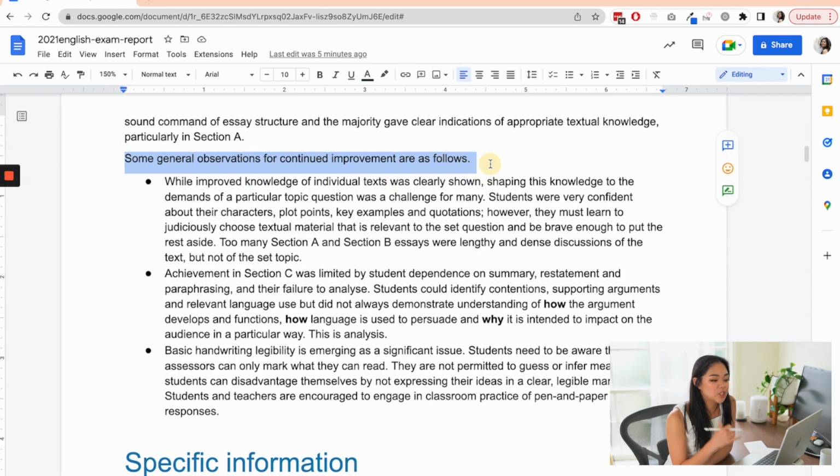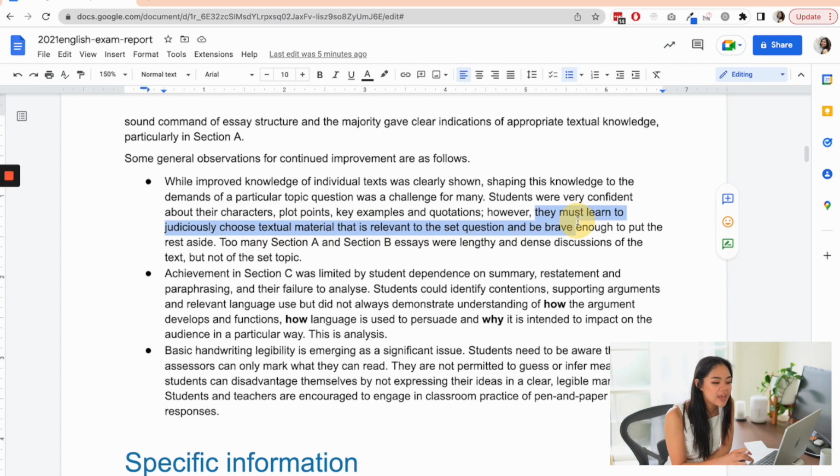Some general observations for continued improvement are as follows. It says here that students are generally pretty confident when it comes to characters, plot points, key examples, and quotations, but what they have to do is judiciously choose textual material that is relevant to the set question and be brave enough to put the rest aside.